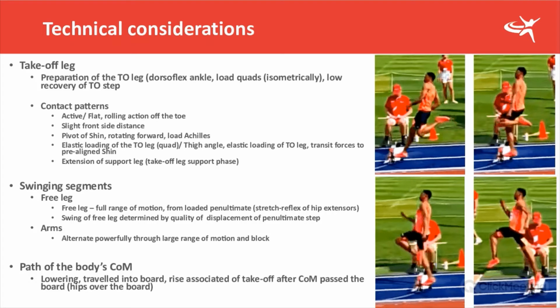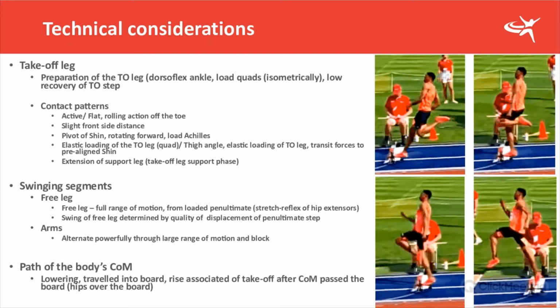Isometric action means there is no flexion across the knee at that point, so we don't want to see the knee collapsing. At maximum knee flexion in the second image at the top right, there is very little knee flexion from Miguel at all, and low recovery of the takeoff step. We can see that on there.